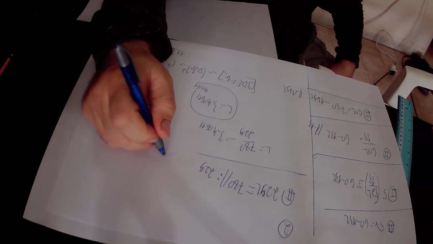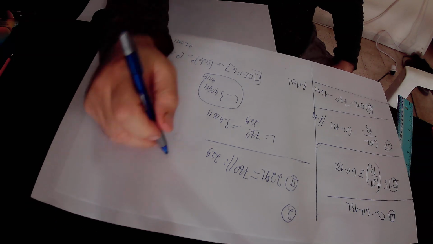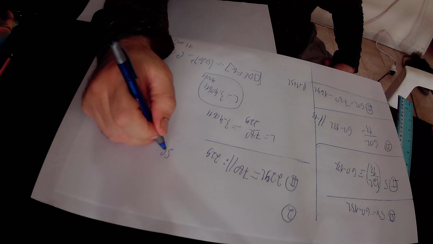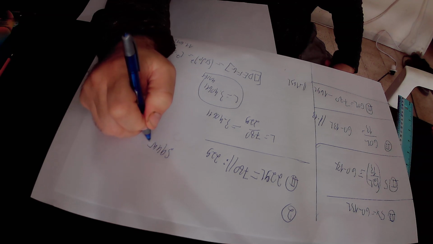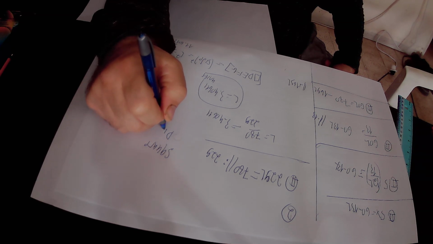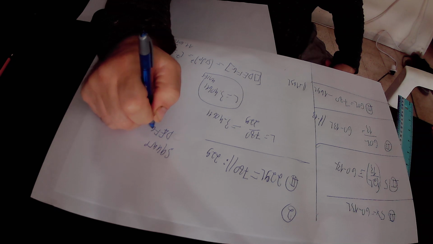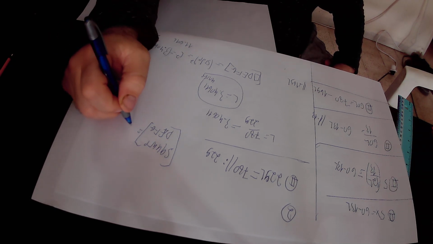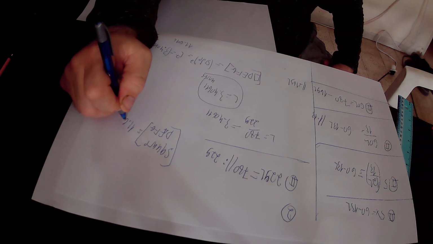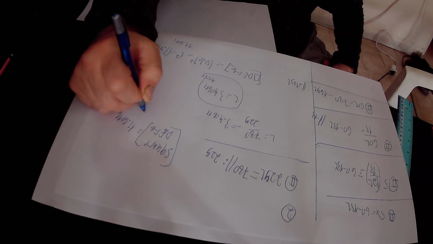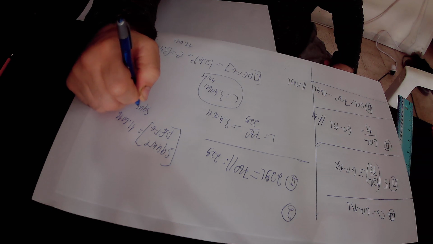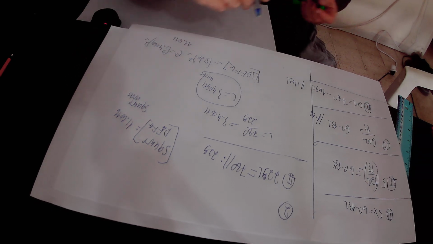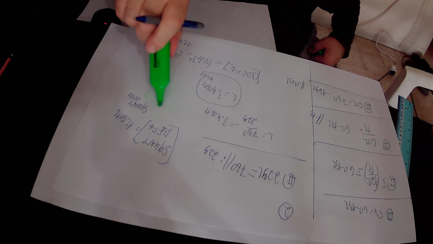In conclusion, we found out that the area of square DEFG equals 11.6016 square units. And that is the answer to the question.